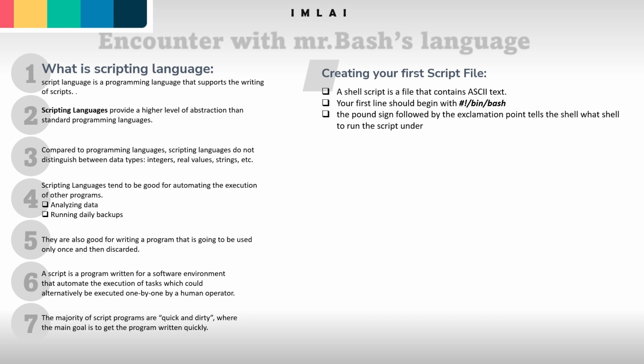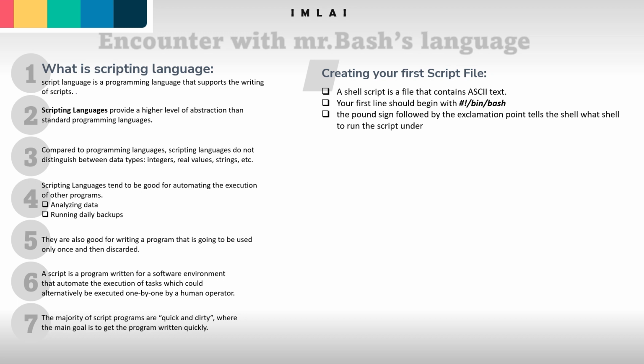So yes, you can be using a bash shell and run your script using another shell. It doesn't matter which shell you use, but that's the way. You need a pound symbol to comment.